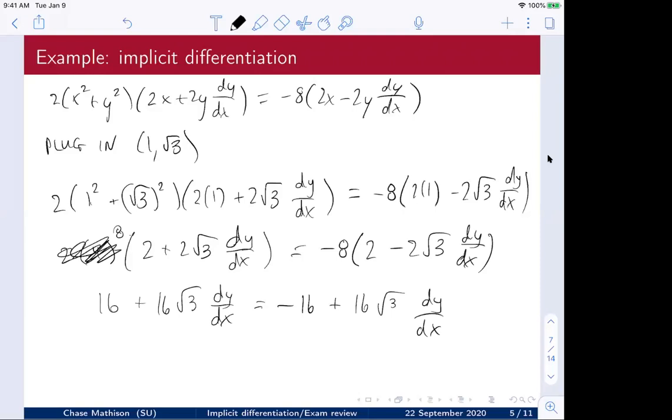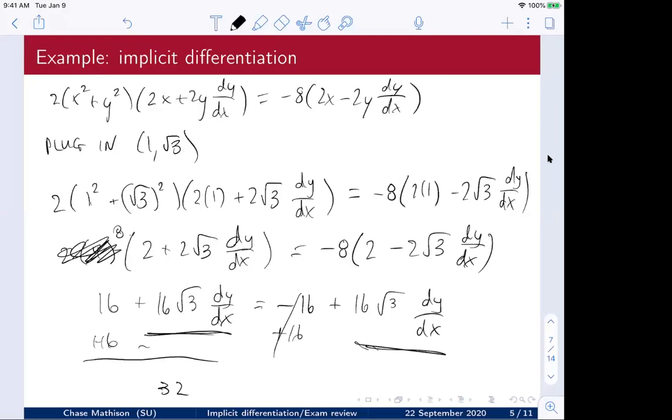And then what happens? Careful. Because I'm going to add that, right? And it's actually very important that they don't cancel for this example. But what happens with, I've got the same thing involving dy dx on both sides, right?